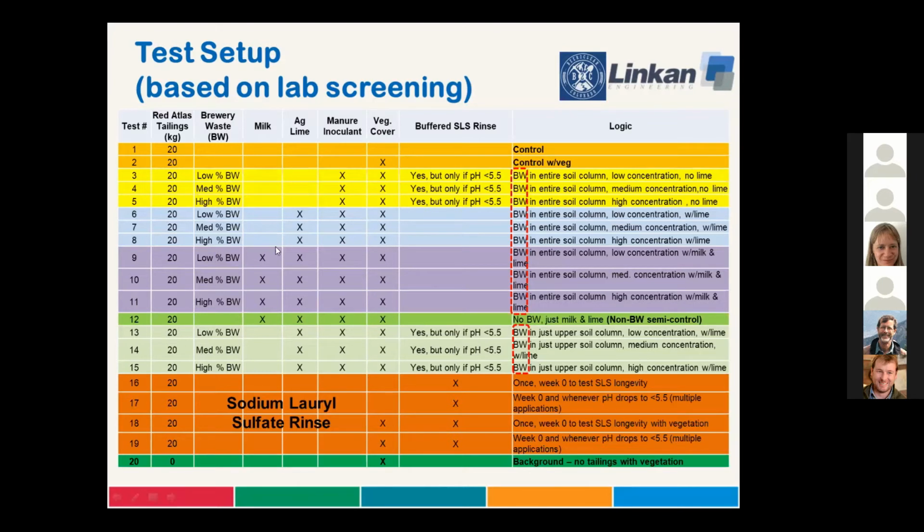And then we added some milk and some agricultural lime in a lot of them. We inoculated with manure. Remember, we said we had to have some probiotic sources of microbes. So we looked at just plain old cow manure, composted, from a local hardware store, and we tried to get a vegetative cover to grow on a lot of these cells.